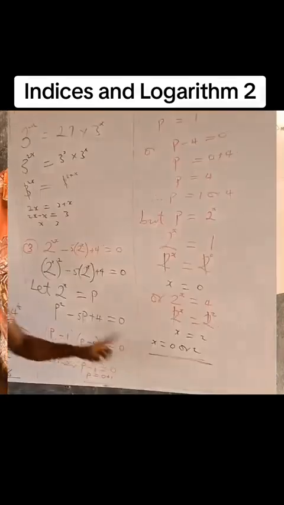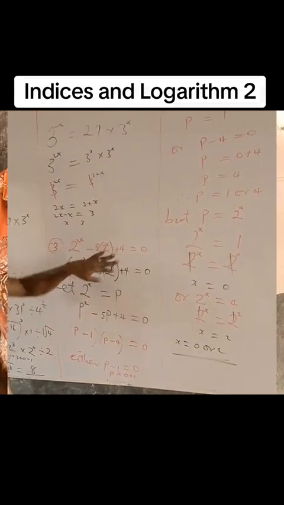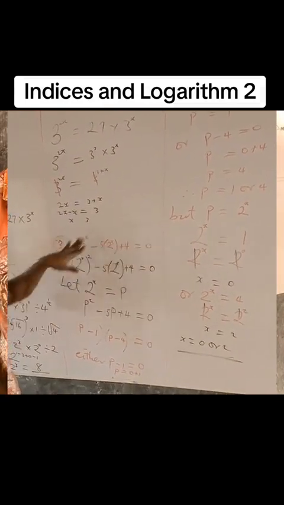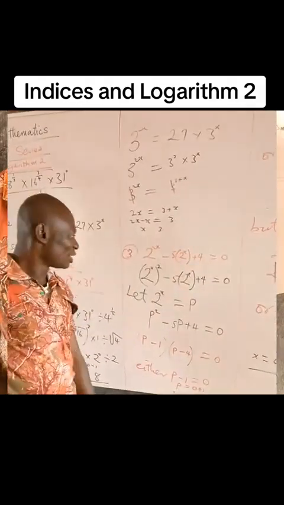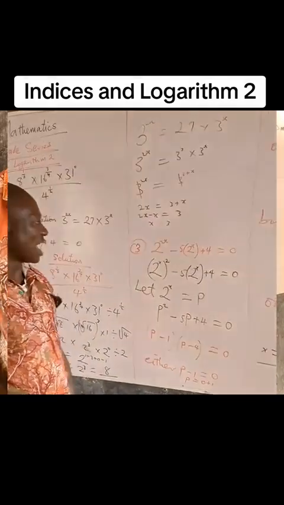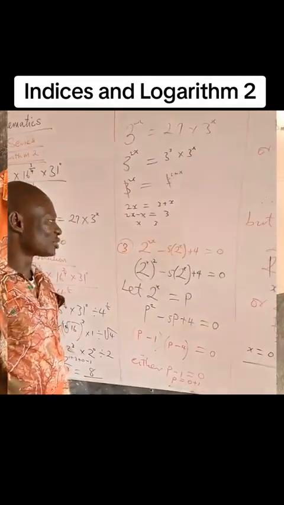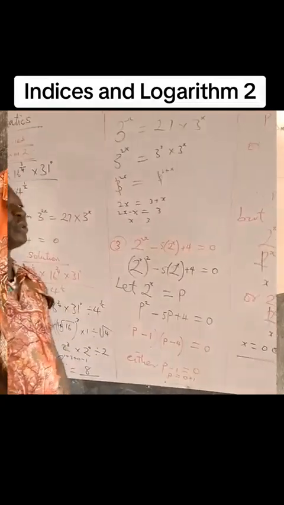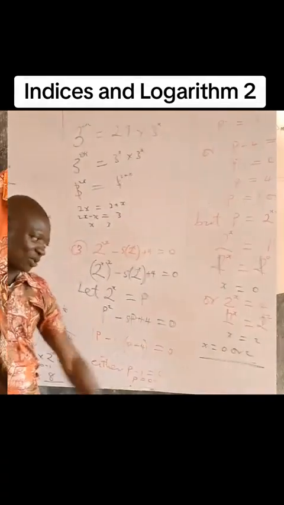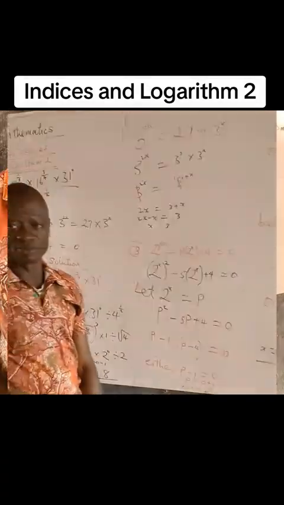Or pick 2, put it in here, simplify this, and everything you have here will also be equal to 0. The solution to this question number 3, 2 raised to the power 2x minus 5 into 2 raised to the power x plus 4 is equal to 0: the equation will be true if x is 0 or 2.